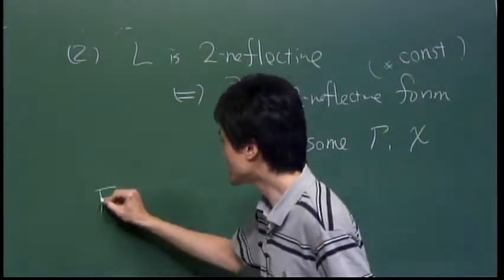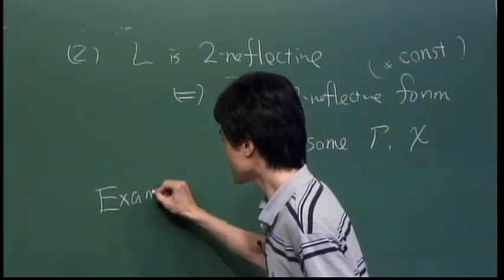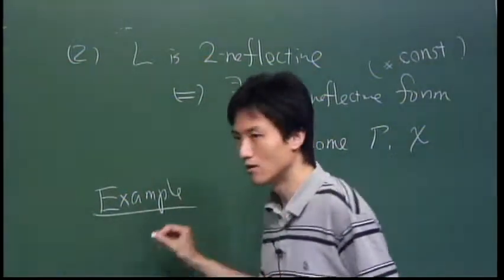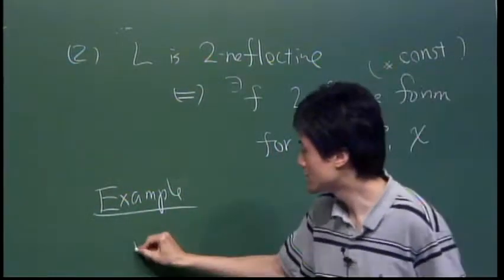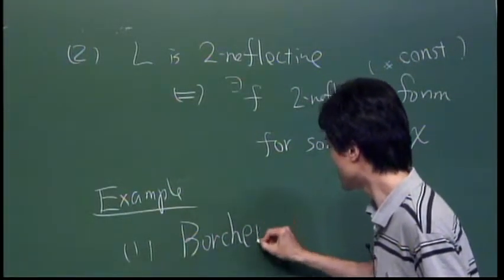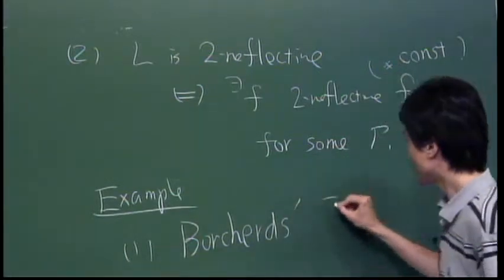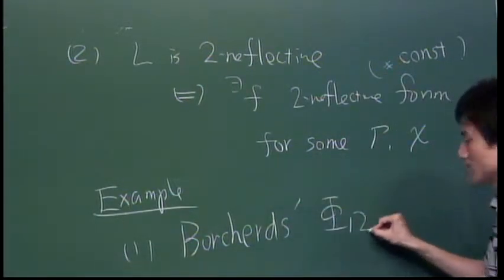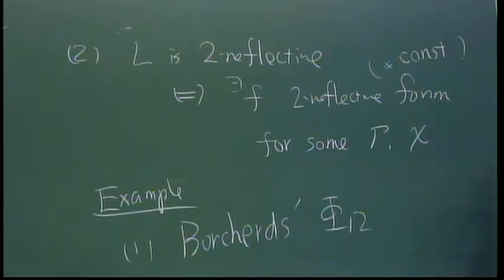So the most famous example of such a modular form is Borcherds' Φ12 for the even unimodular lattice of type II_{2,26}.